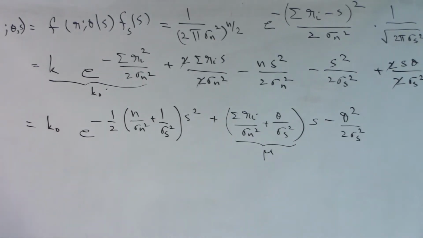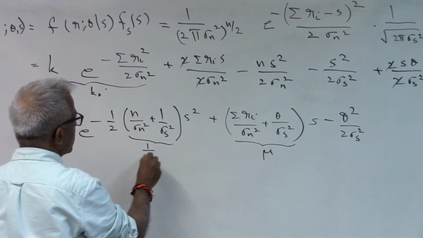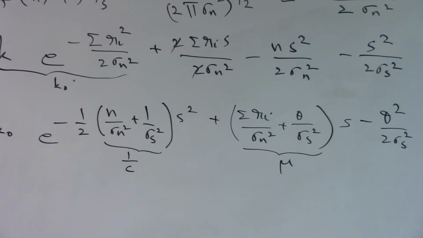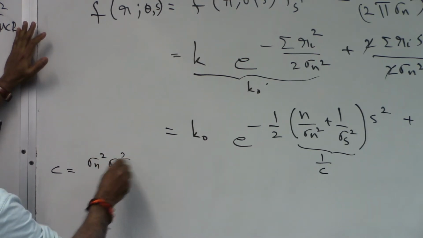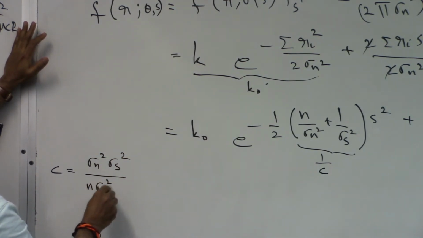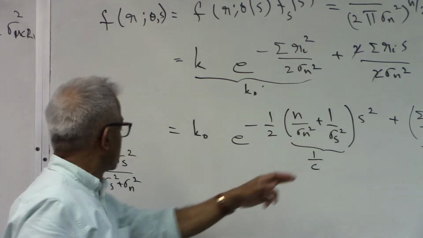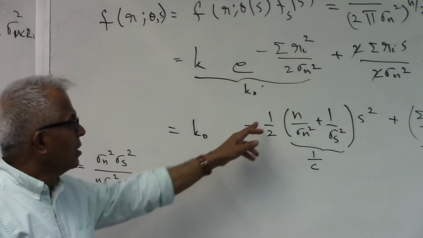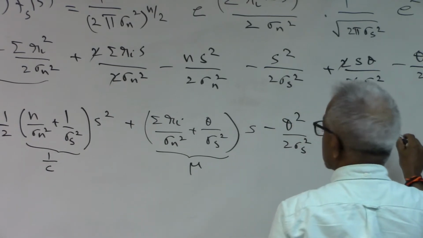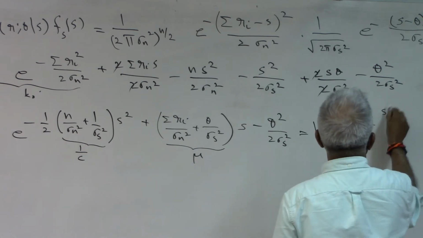Let me call this term 1 over C. So what is C? Yes, because n sigma squared comes in the denominator. So that's C. Then this becomes K0 e to the power minus 1 over 2C times S squared; 1 over 2C I'm going to pull out.